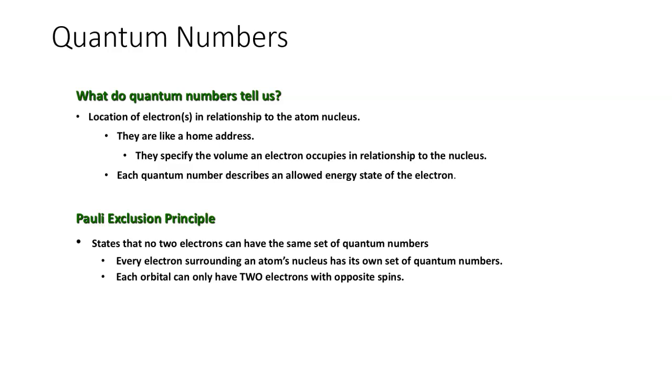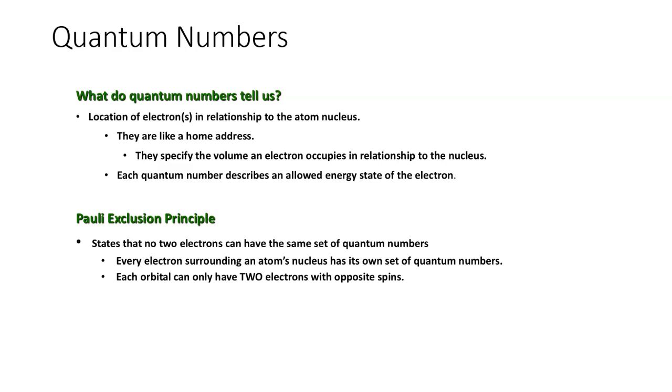Remember, these are the highest probability volumes where an electron will be found, because we cannot know both the speed and position of an electron at every moment in time. So we must trust statistics to provide us the highest probability volume in which an electron is located.